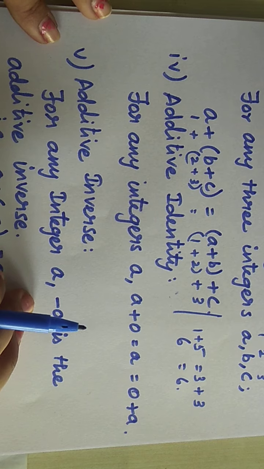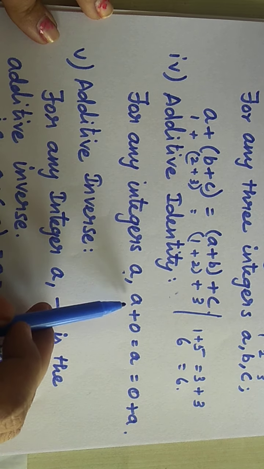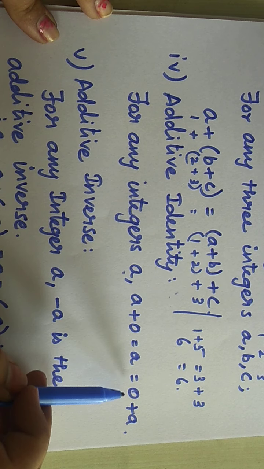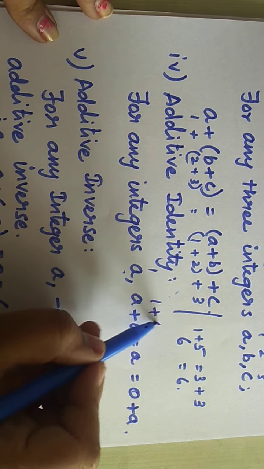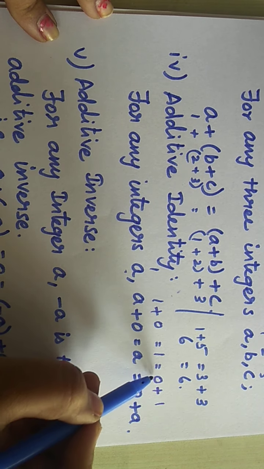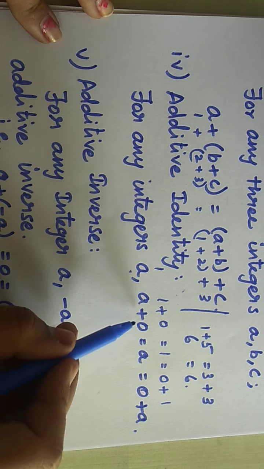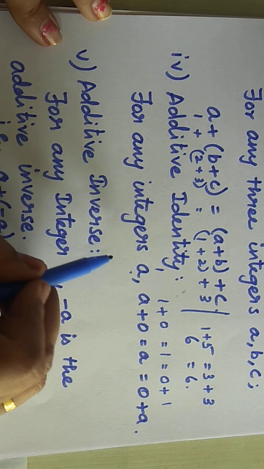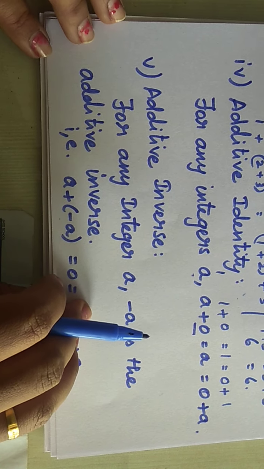Next, additive identity. For any integer a, a plus 0 equals a equals 0 plus a. Let us take a as 1. Then 1 plus 0 equals 1 equals 0 plus 1. So the identity element of addition is 0. Next, additive inverse.